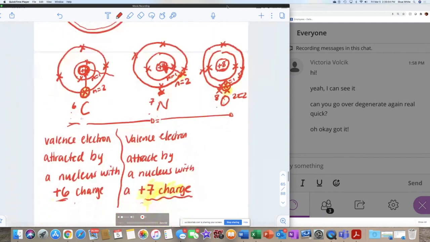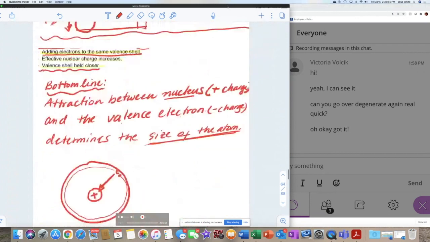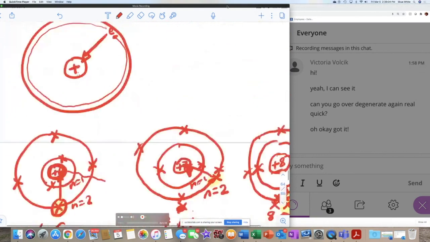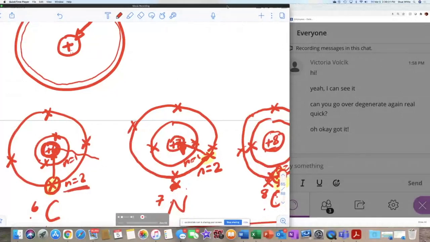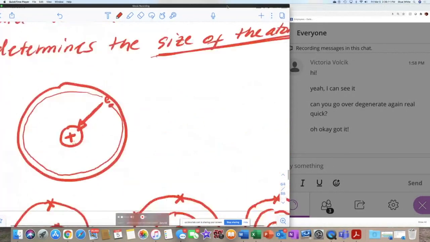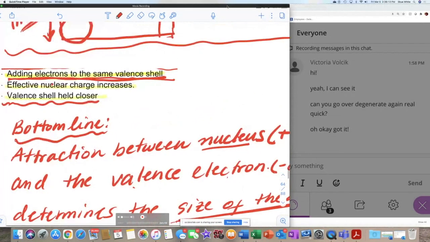Now, since we're focusing on electrons and not corsets, essentially they're saying here, you're adding the electrons to the same valence shell. You saw me do that, right? In the picture I gave you as the example, I was adding the electron to energy level 2. These were all energy level 2. And then the effective nuclear charge increases. The nuclear charge is the charge in the nucleus.